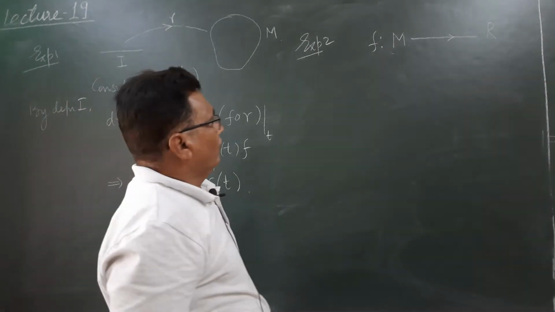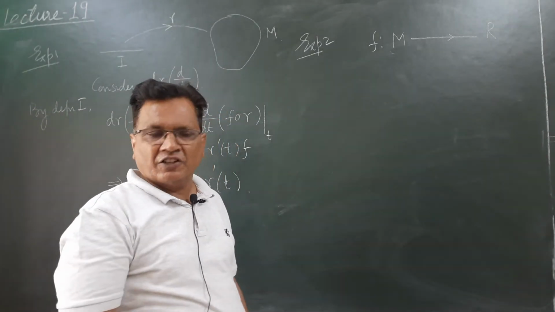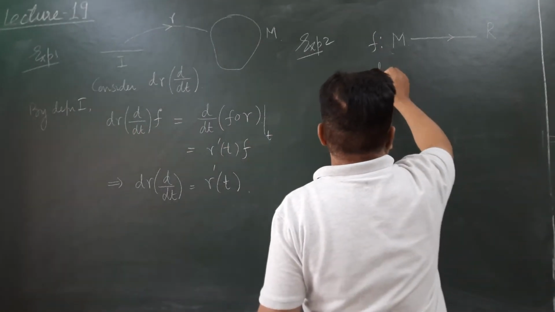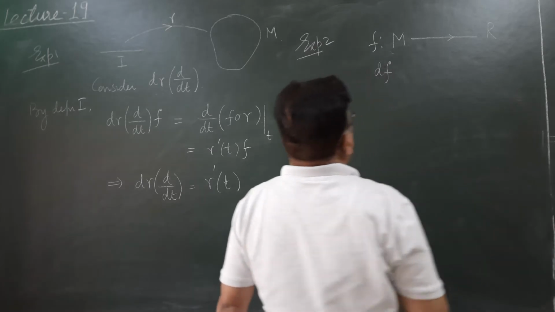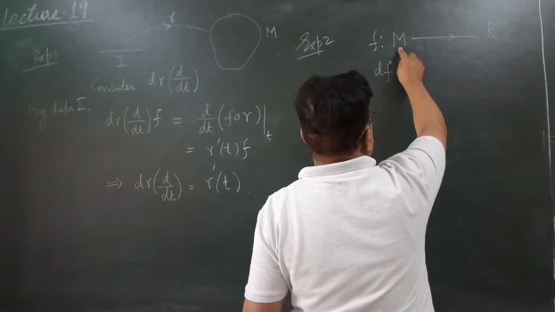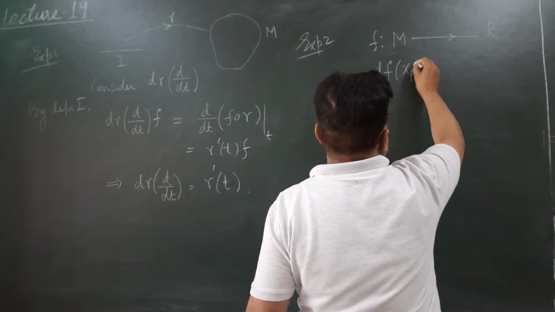Once again the same question: what is df, the differential of f? So df over here, by definition 1, will operate on a tangent vector of M. Let me call the tangent vector of M at a point p as X_p.